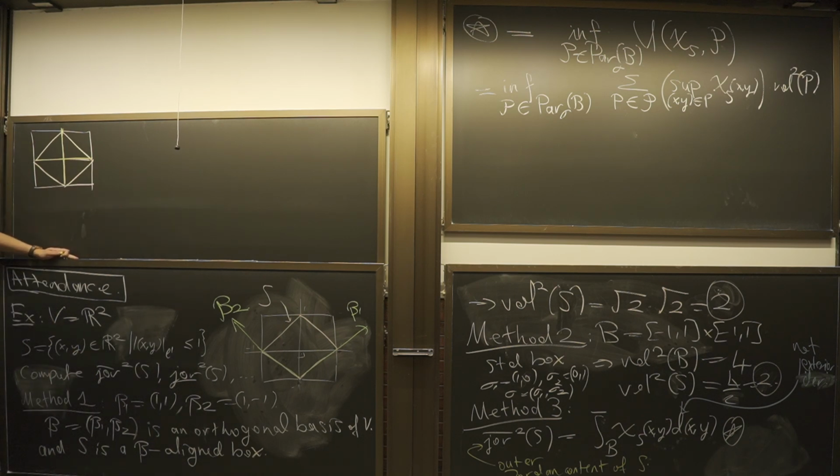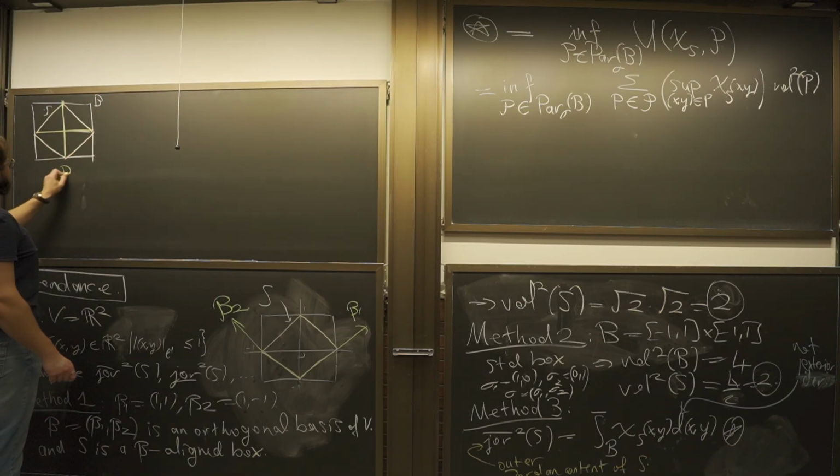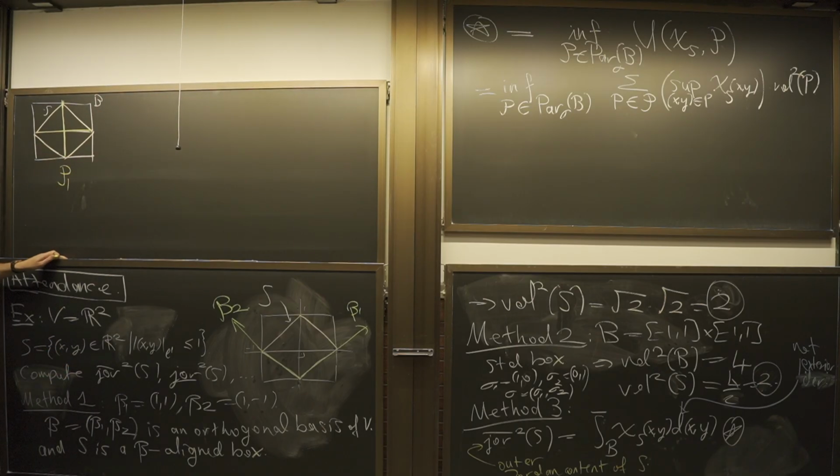This is a partition of B that is aligned. That's B, the outer box. And the so-called unknown shape is S. Let's call it P1. Okay? So I have 4 pixels in this specific partition.